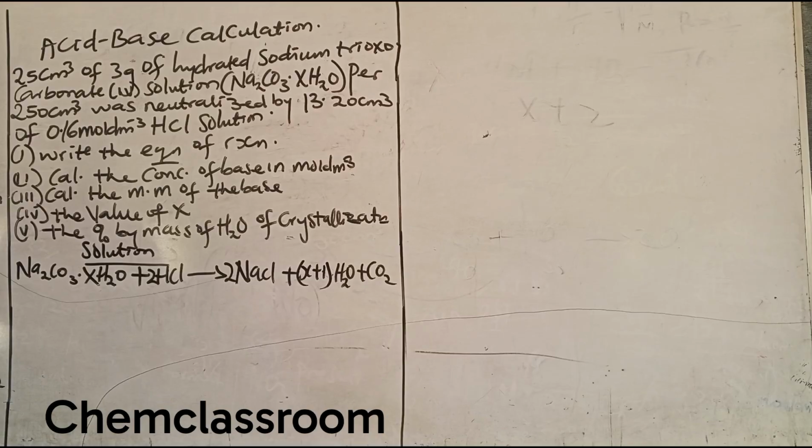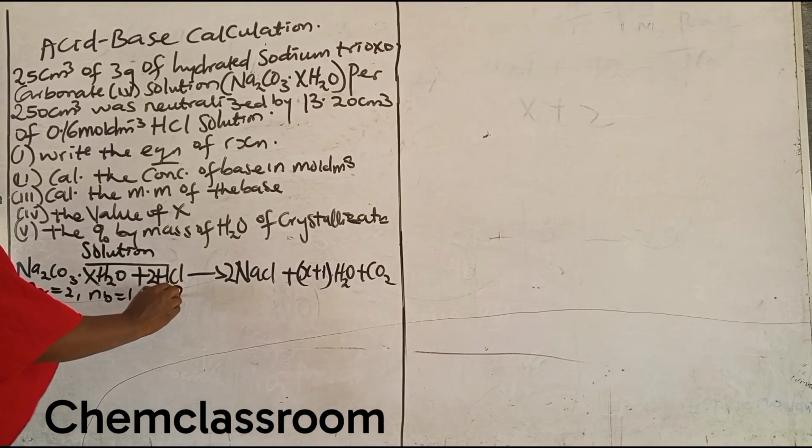Okay, so the next question is to look for what? The concentration of the base in mole per dm cube. So we are going to use our CAVA over CBVB equals to Na over NB. So let's write out our parameters before we go. Our Na is 2, our NB is 1, our CB is what we are looking for.